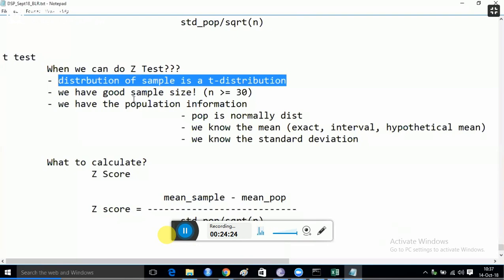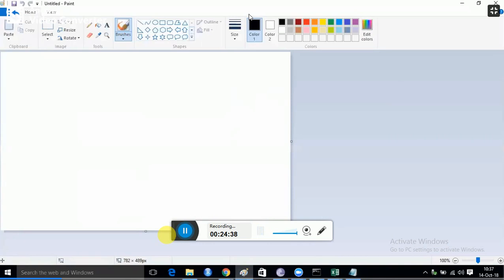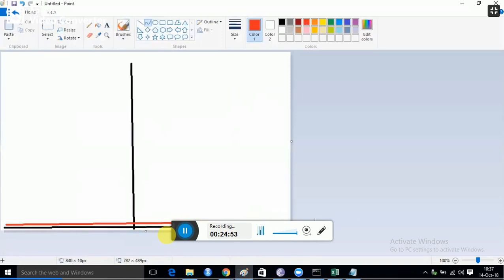It doesn't look like your perfect bell curve, but just imagine your bell curve has less variance or high variance. If this is your mean, you can have a curve which has very high variance.